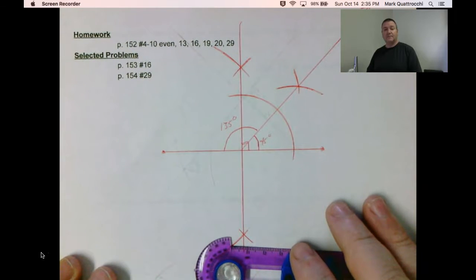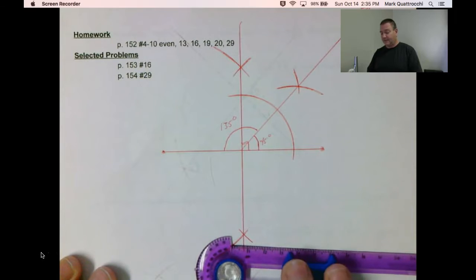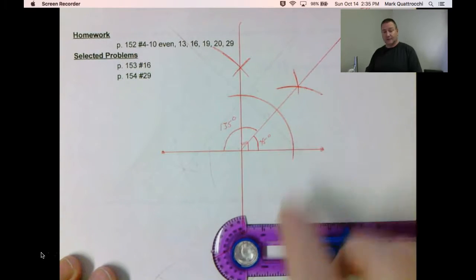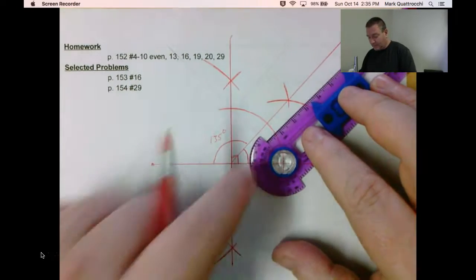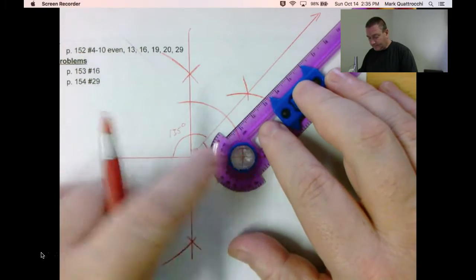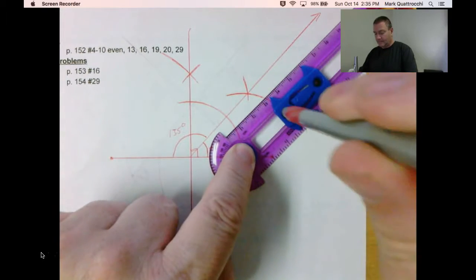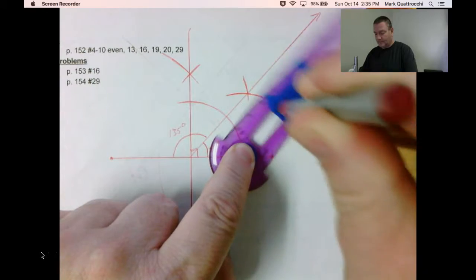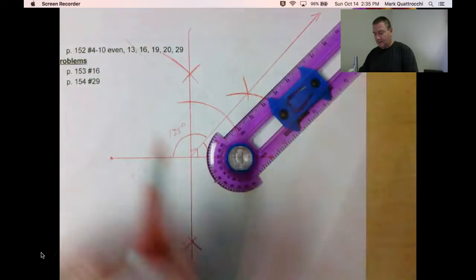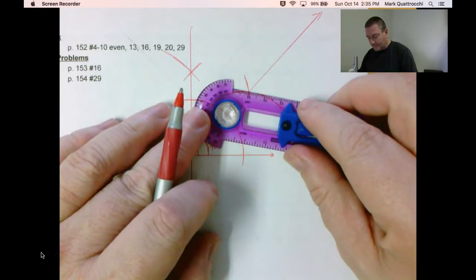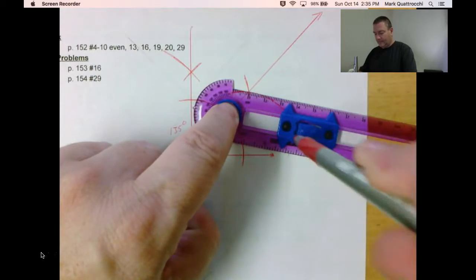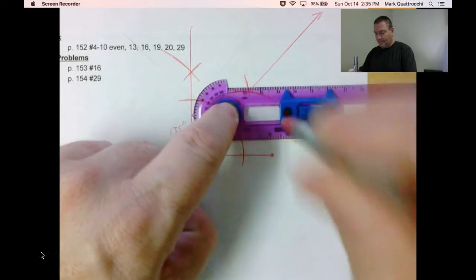22.5 may seem random, but it's just half of 45. So I just need to bisect this one. You can do that pretty quickly. Arc. Arc.